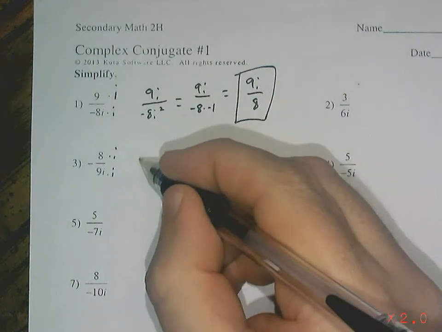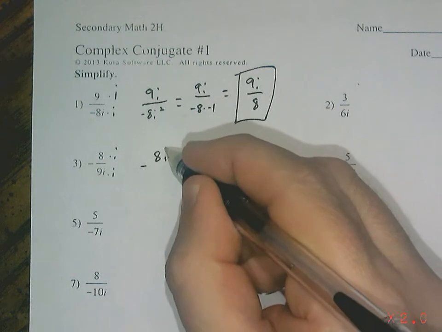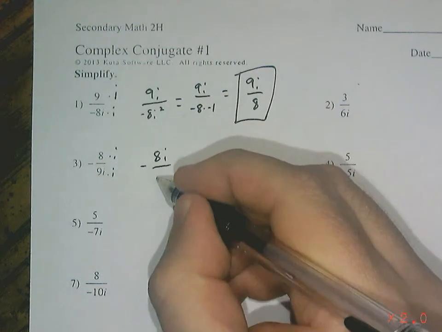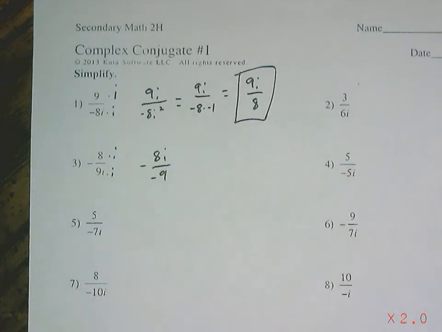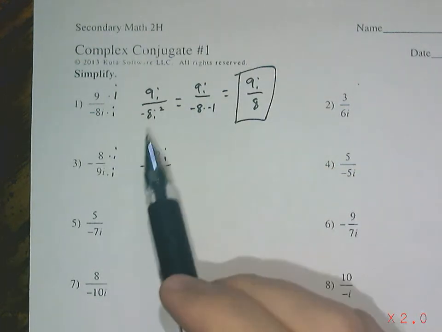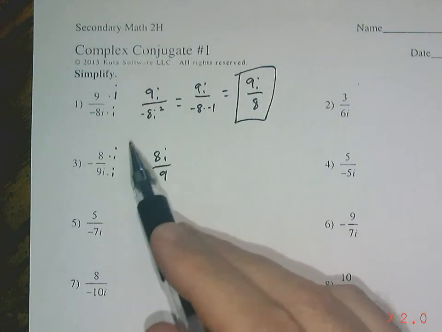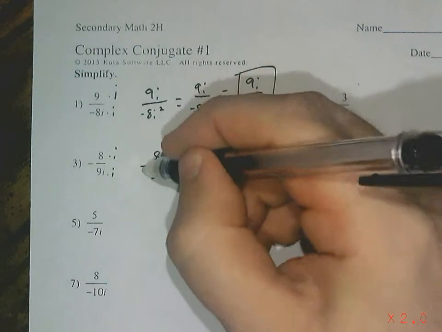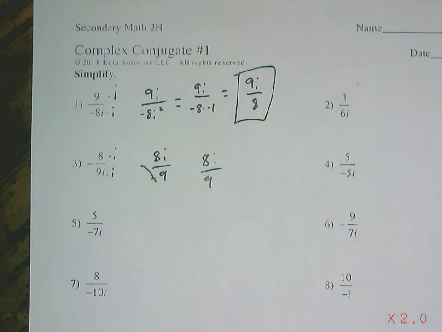What ends up happening is I have this negative 8i times a negative 9, because I'd get i squared. Now, when I have a negative set up like this, it's like multiplying by a negative 1. They're going to cancel out. The negatives are going to go away, and you're just going to be left with 8i over 9. So, not too tough, right?